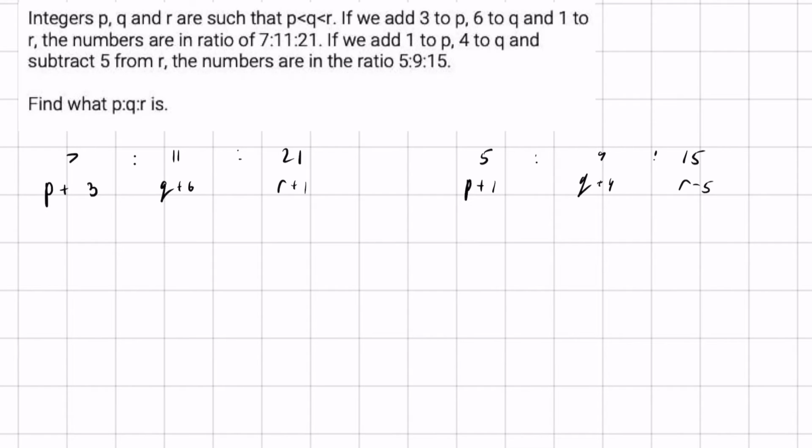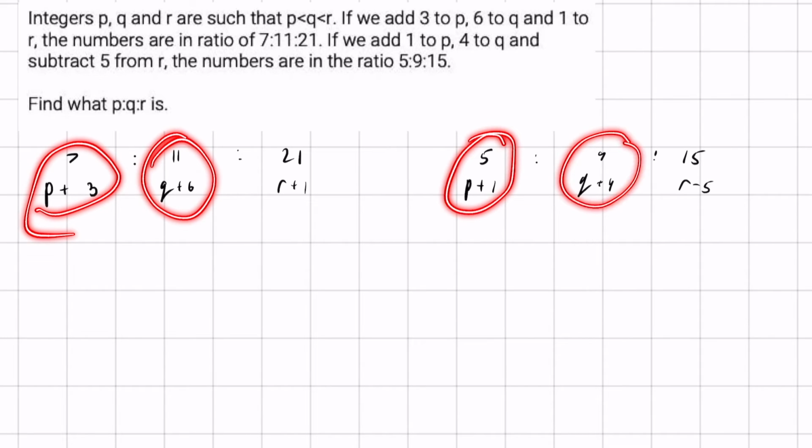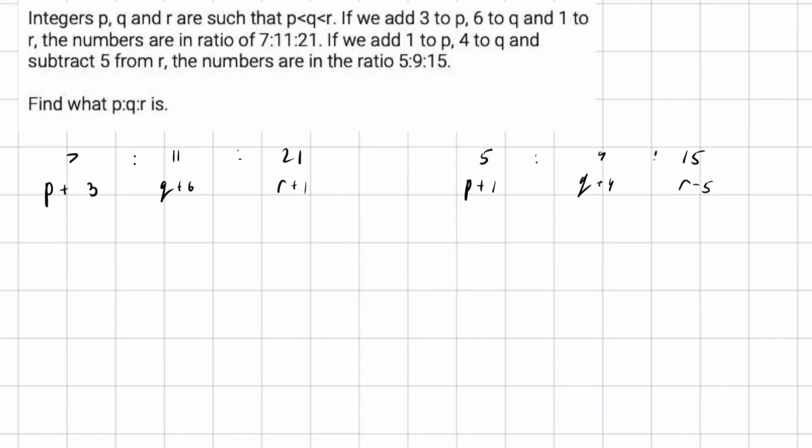Okay, great. So let's focus on p plus 3, q plus 6, and p plus 1 and q plus 4. So if we were to write 11 over 7, this is the ratio of this over this, we can write this algebraically as equals to q plus 6 over p plus 3.